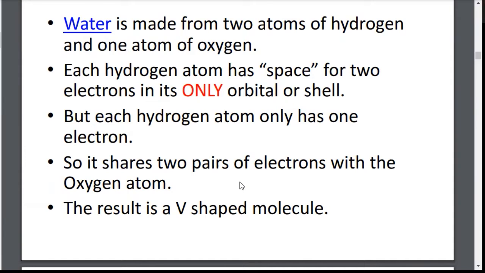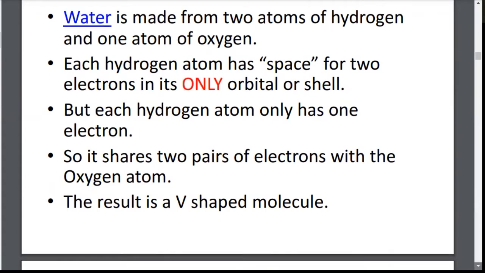So what it needs to do is get a second electron, and it does it with water by chemically bonding with one atom of oxygen. What you have when that happens is a V-shaped molecule. And a molecule is a substance that's made up of one or more atoms. And molecules can be compounds or elements.